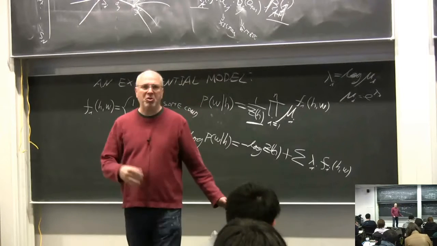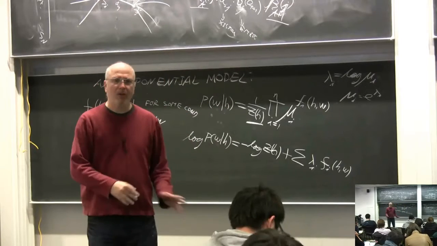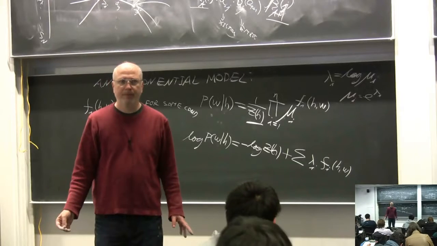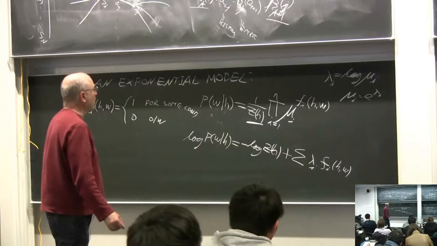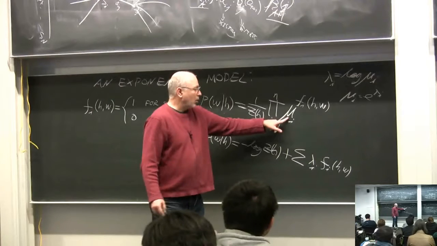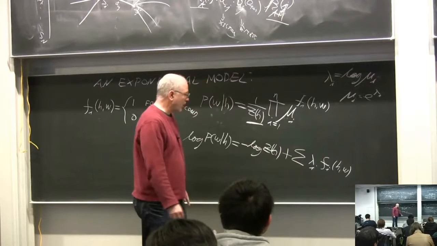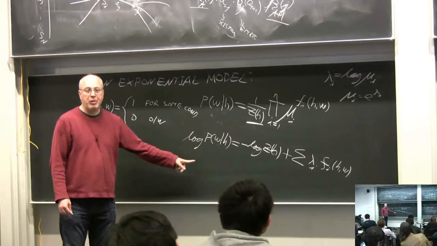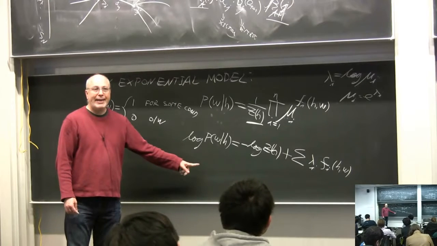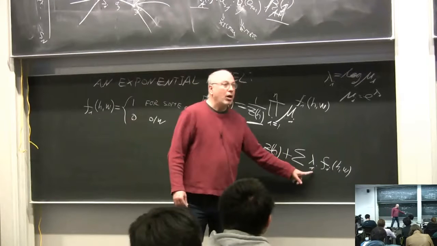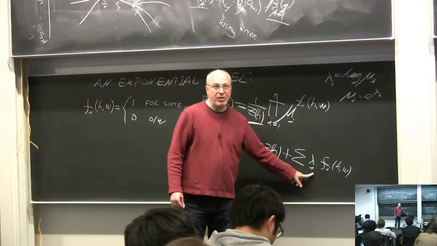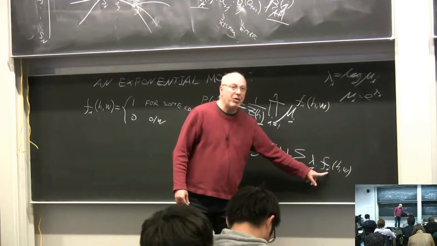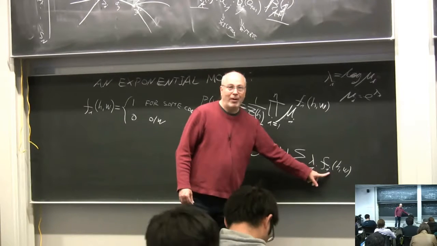So whether I express my model in terms of mu's or in terms of lambdas completely doesn't matter. It's just a log transformation. The parameters of the models are mu here or lambdas here. So the result that I got is that the log probability, according to an exponential model, is a linear combination of the parameters lambdas, and it's a linear combination based on the value of the feature functions.